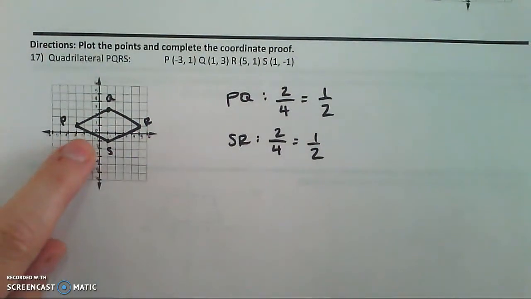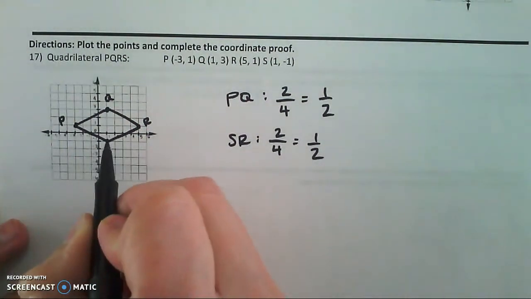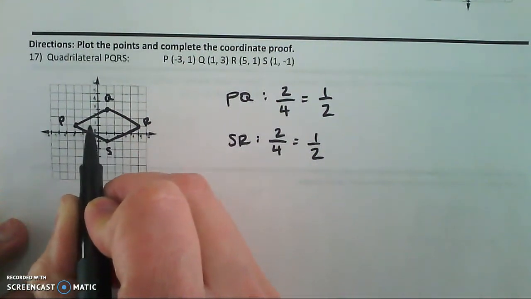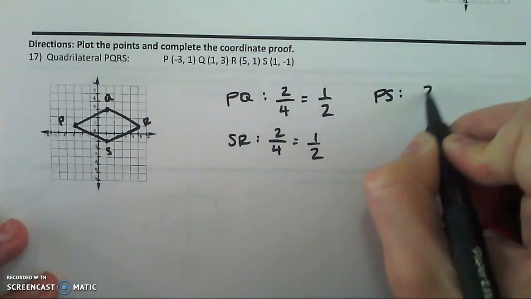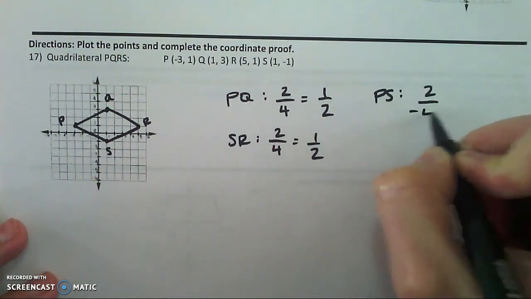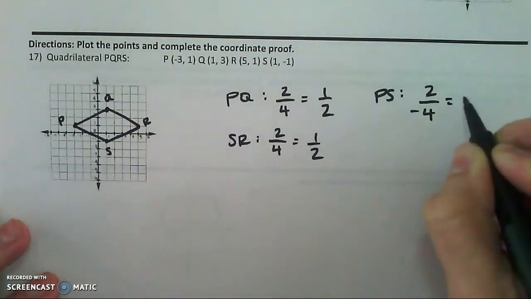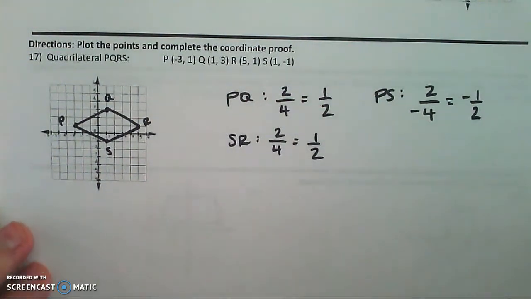We're going to do the same thing for PS and QR. For this side, I'm going to go up 1, 2, back 1, 2, 3, 4. So for PS, it was up 2, back 4, which just makes this a negative slope. So this slope is going to be negative 1/2.